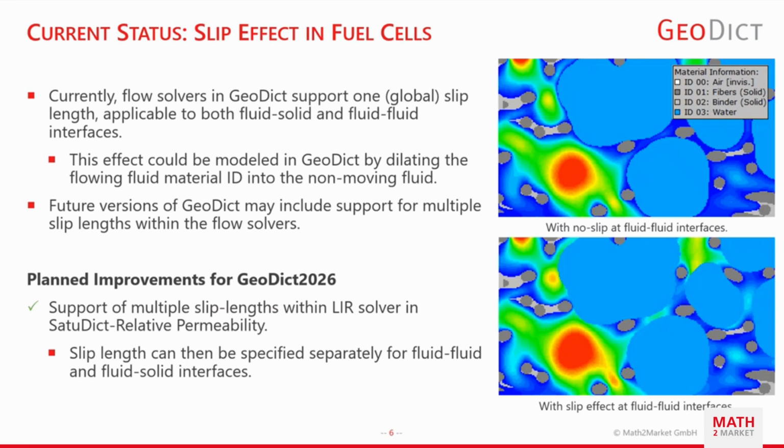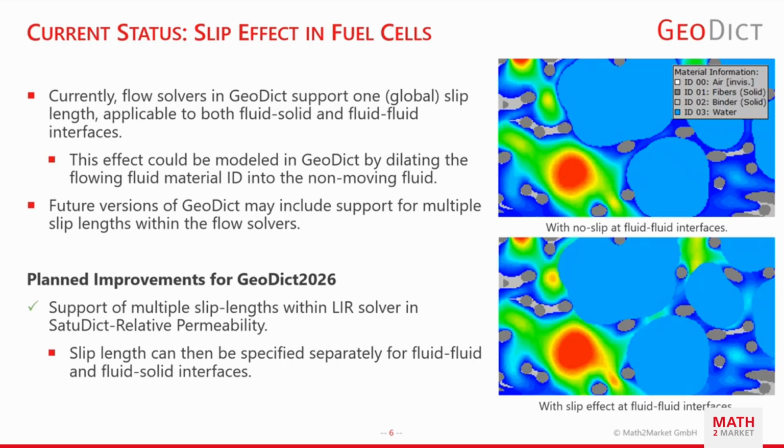Now you're not using the relative permeability command in GeoDict, but you go to FlowDict and compute flow there. Before you do this, you can use the dilation command in a process geo, and you dilate from the air into the water, as in the example from the slide before, and then do the flow simulation.